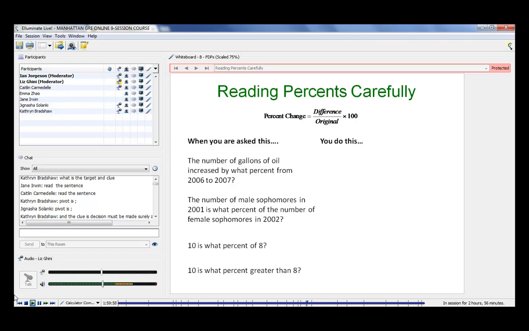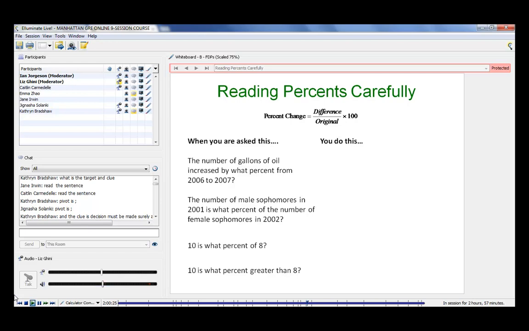All right, just read this really carefully. And I apologize, my mic is automatically adjusting its volume. This is the most bizarre thing. All right, look at this. How would you set this up? Number of gallons of oil increased by what percent from 2006 to 2007? How would you figure that out?